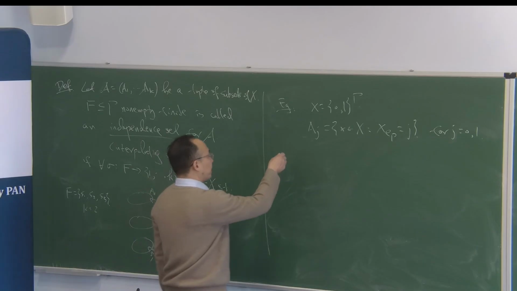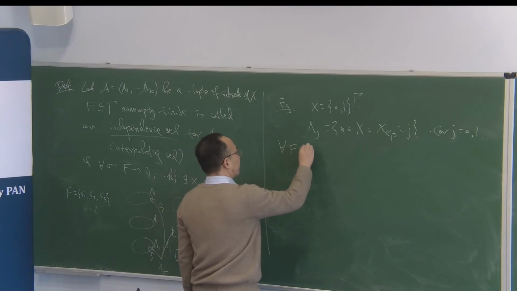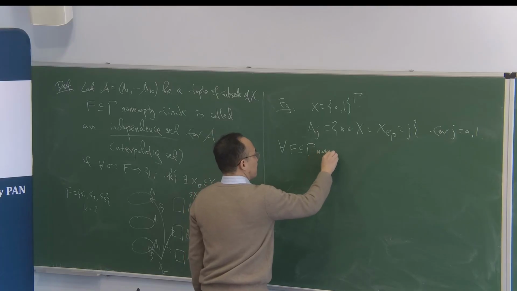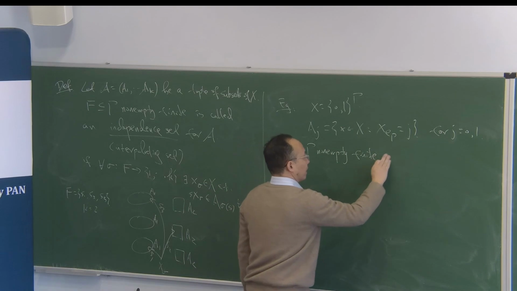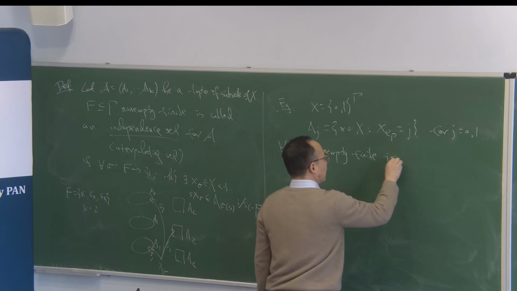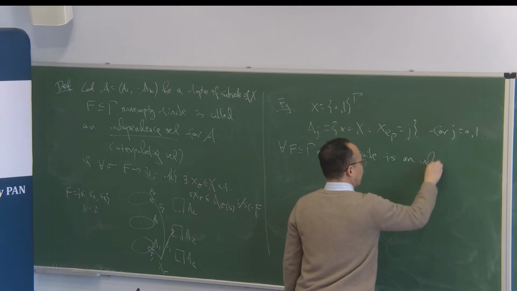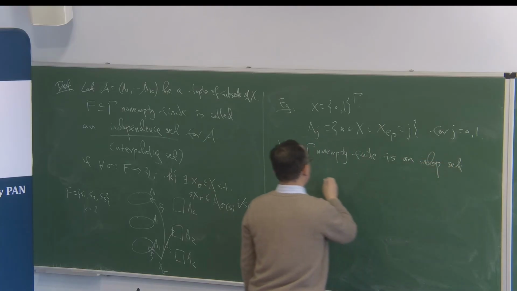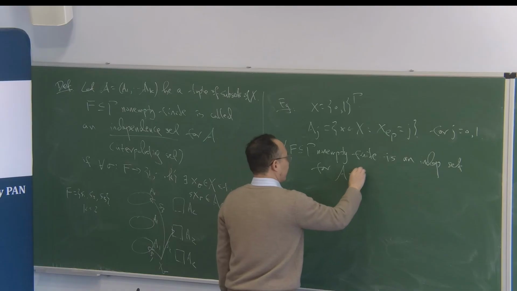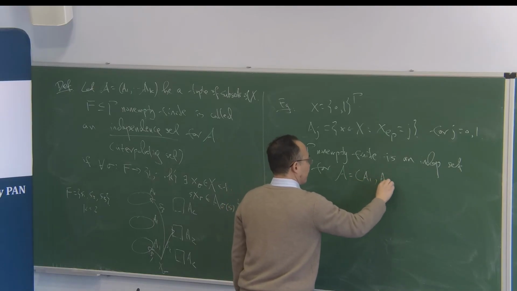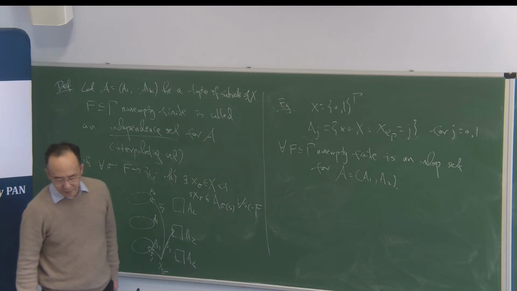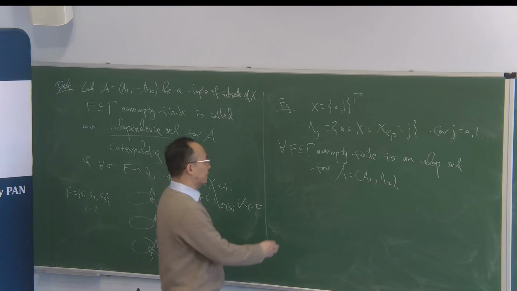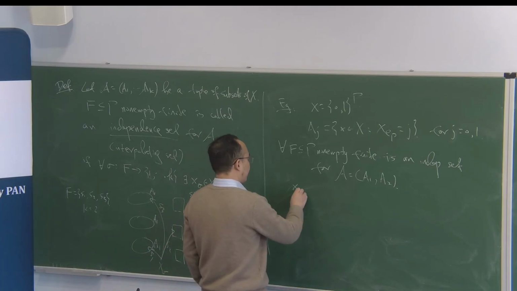In this situation, any finite F is an independence set for A. The reason is very simple.